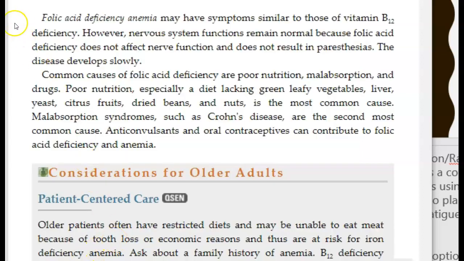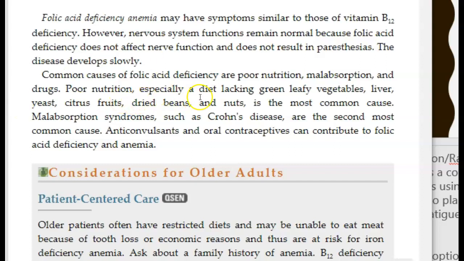Read this area, and then see the difference between folic acid deficiency anemia. Towards the end, I wanted to point out that it may have symptoms similar to vitamin B12, of course, but common causes of folic acid deficiency are poor nutrition and malabsorption.